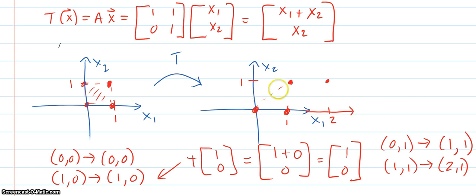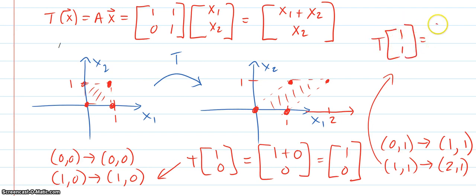You would end up with what they call a shear transformation. You have a box that changes into a parallelogram. Again, just to make sure you see that, T of 1, 1 is 1 plus 1, 1. So x1 here is 1 and x2 is 1. That's how I end up with the point 2, 1.